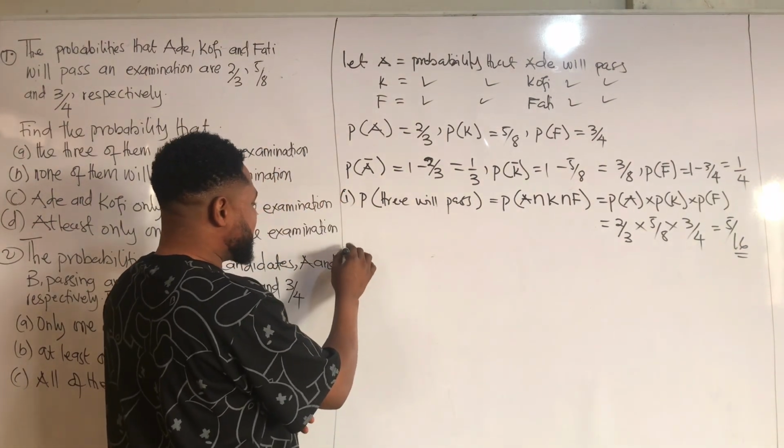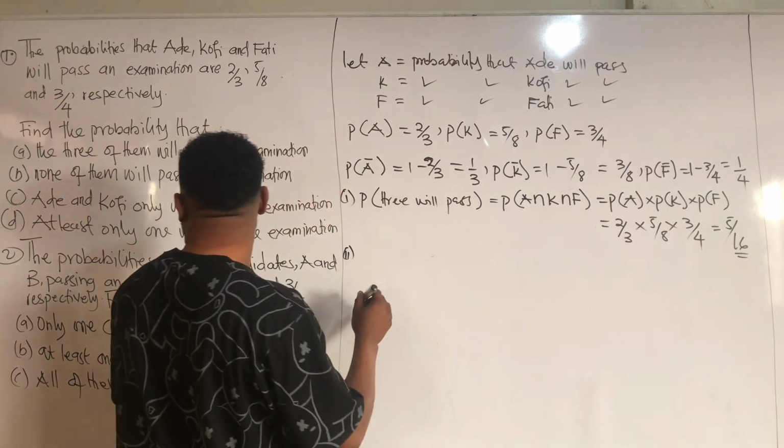The II, probability that none of them will pass.